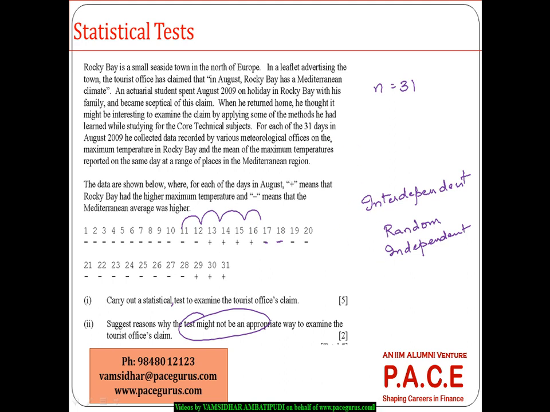And the data which has been taken was only for 2009. But the assessment is primarily about the long-run temperatures, because the claim is more in general: Rocky Bay has a Mediterranean climate. This is more of a general kind of value, whereas the data collection is only for 2009.